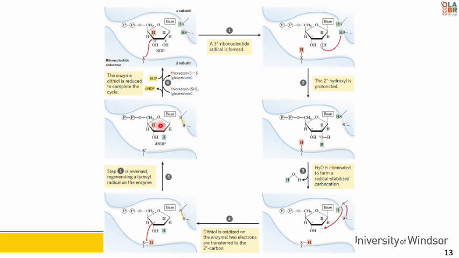We have now brought our hydrogen back to position 3 carbon on our original molecule. Because of this, we now have a DNDP molecule. Then step 6, to regenerate the disulfide group, the enzyme dithiol is reduced to complete the cycle.